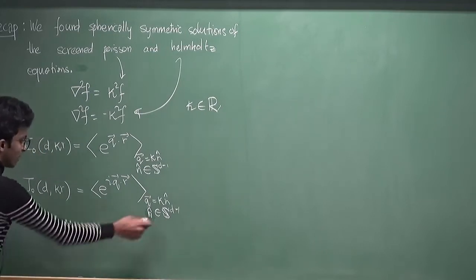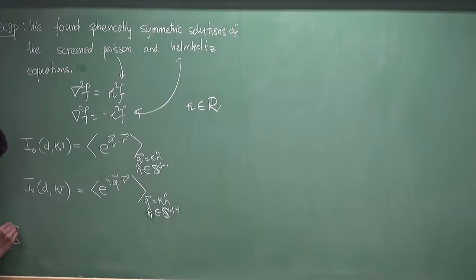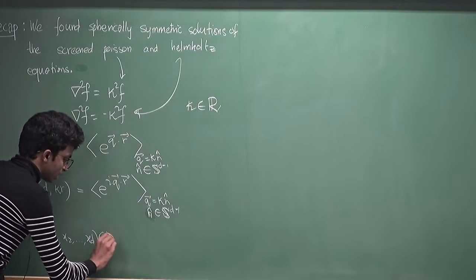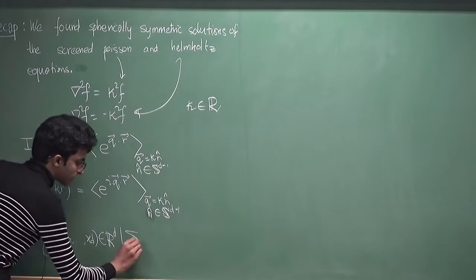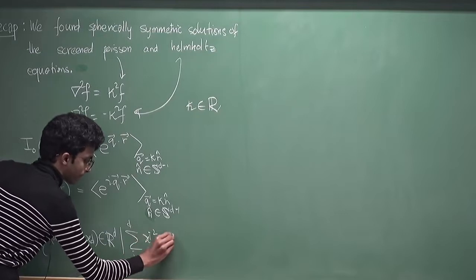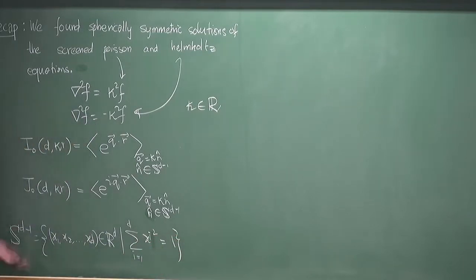And we define this d minus 1 dimensional sphere. I'm sure everybody knows this, but for completeness, it's the set of all points belonging to R^d that satisfy the sphere condition. That's the unit sphere in R^d.